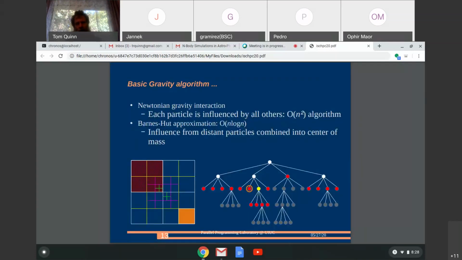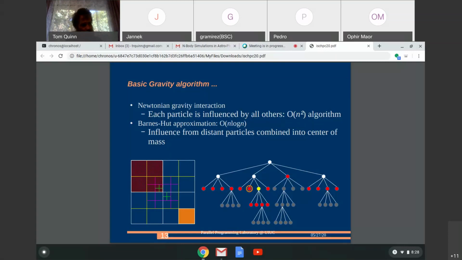So let me talk about the tree here, or tree-based gravity. If you remember that first equation I showed you, each particle should feel the gravity of every other particle. So naively, that means calculating gravity is this n-squared algorithm.